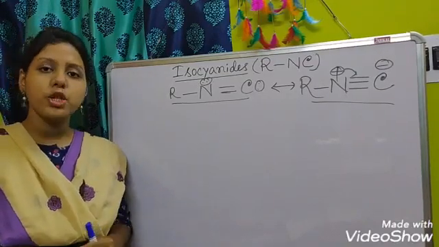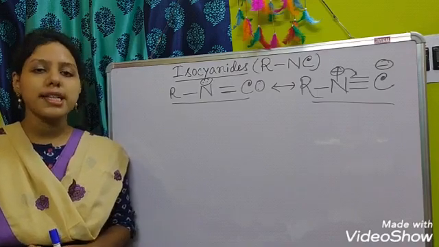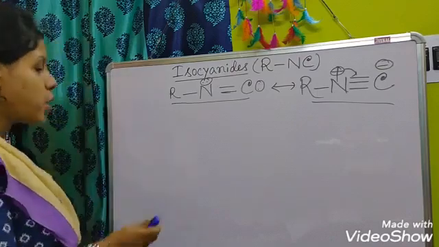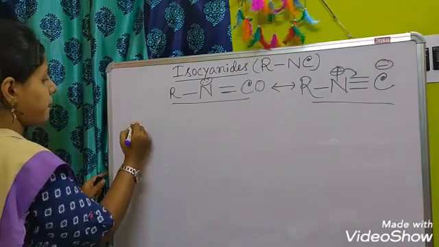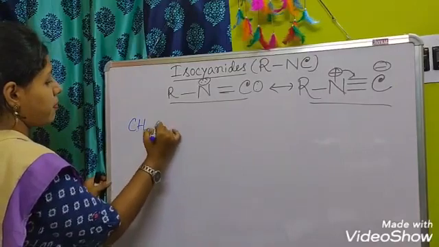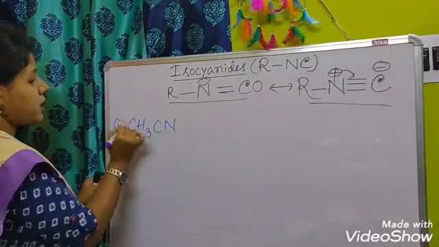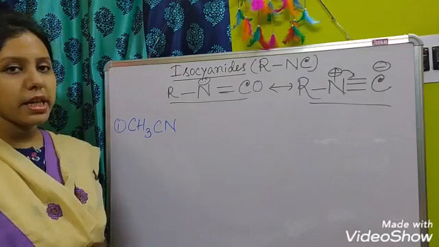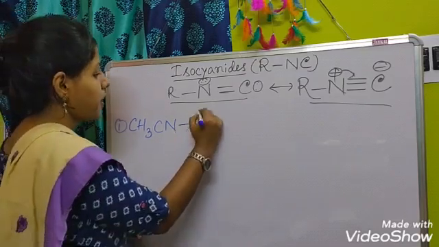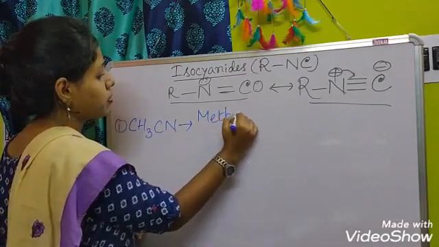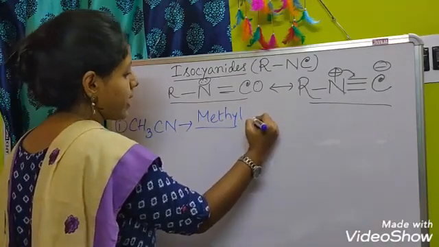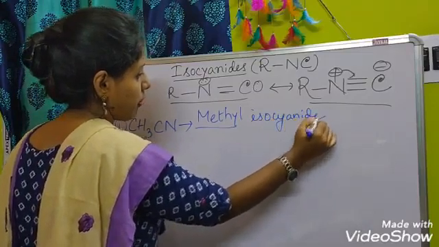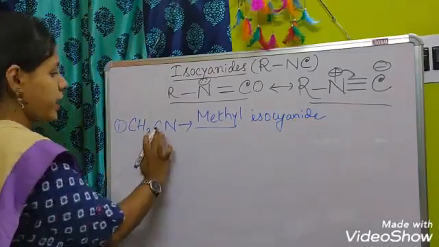So again there will be two methods. The first one is the common method and the second one is the IUPAC method. So in common method, the first example I am taking here, CH3NC. So in the common method, it is known as methyl isocyanide. Sorry, extremely sorry.